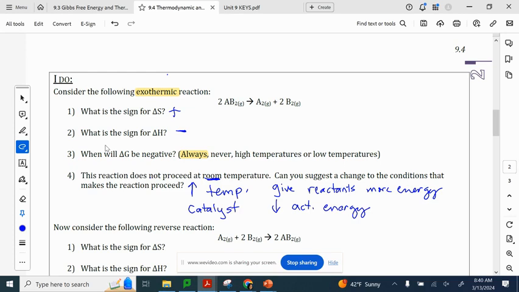Now, should I have written these justifications down here? Did they ask for a justification? No. Then do not write that stuff. I did that so that you would understand it. But when they are asking for these, just answer the question. Don't add anything else in.